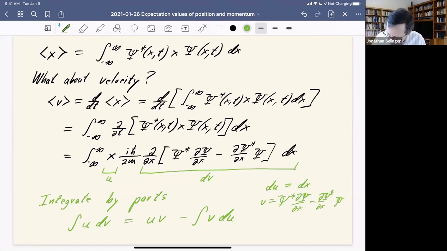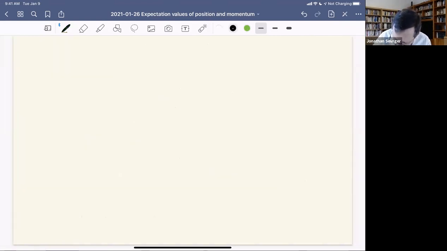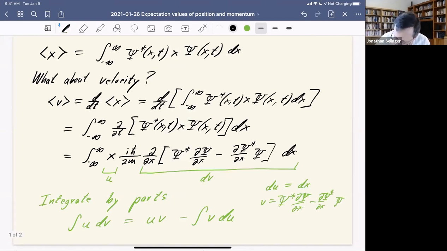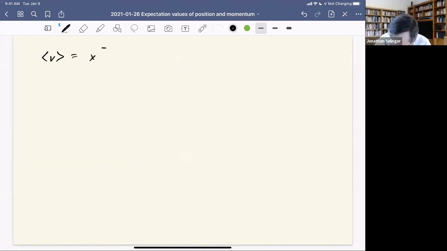My average velocity is going to be uv, so it is x times all this stuff: psi star d psi dx minus d psi star dx times psi, all of this evaluated from minus infinity to infinity.